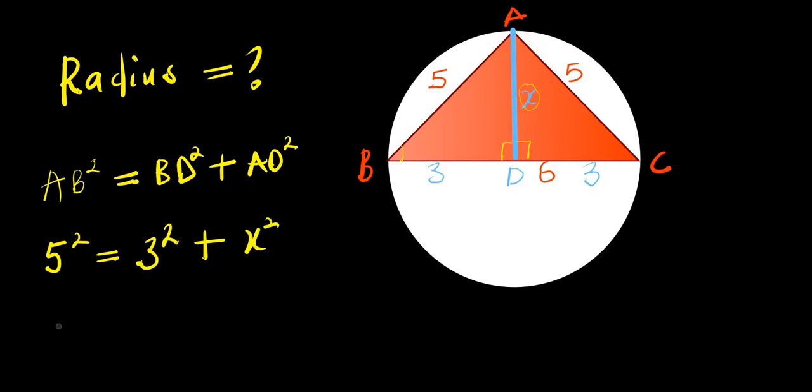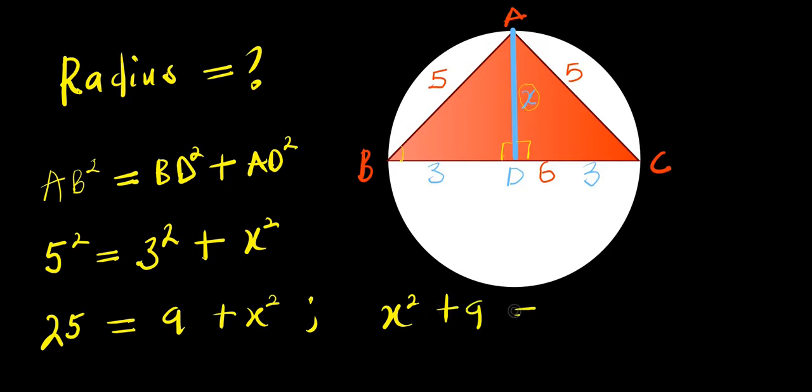So 5 squared is 25, we have 25 here, equals 3 squared is 9, so we have 9 here, plus X squared. So if you rearrange this, that means you have X squared plus 9 equals 25. So we are solving for X, so we move this over here.